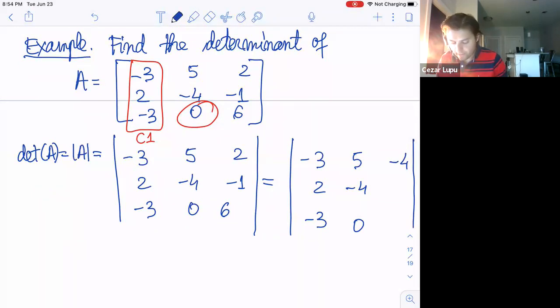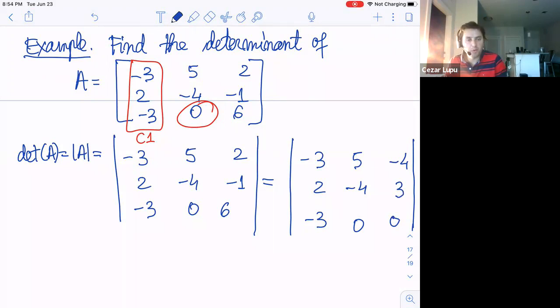Then I will have here 2 times 2 will be 4, so it will be a 3. And now it will be a 0. Perfect. Right? So the determinant will stay the same. All right, great.